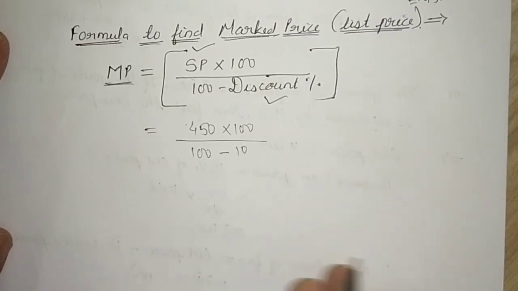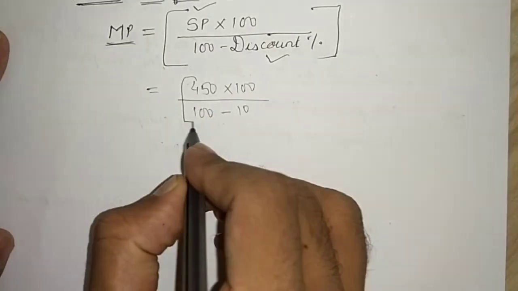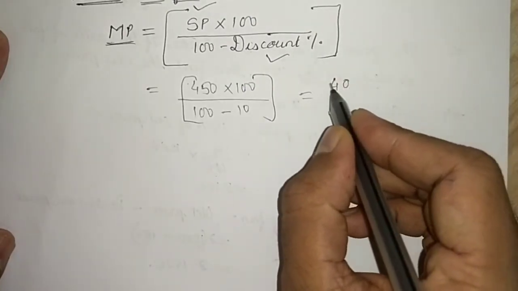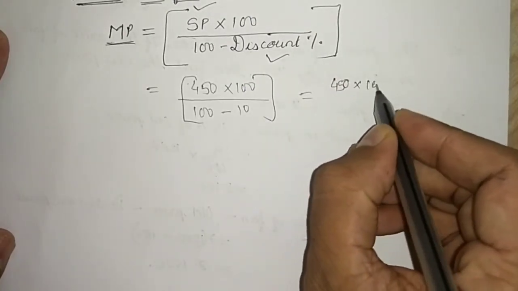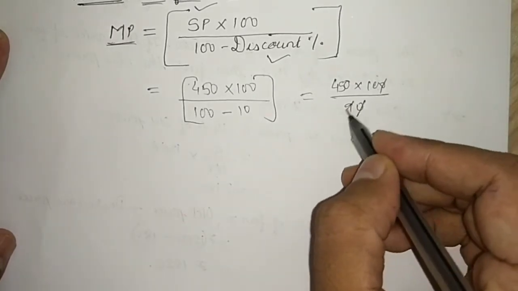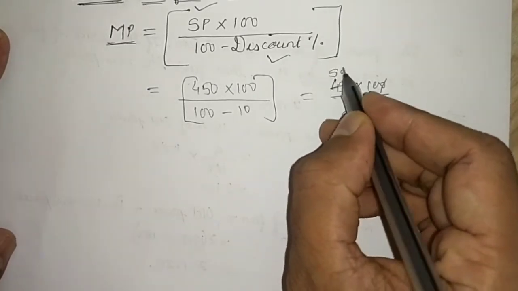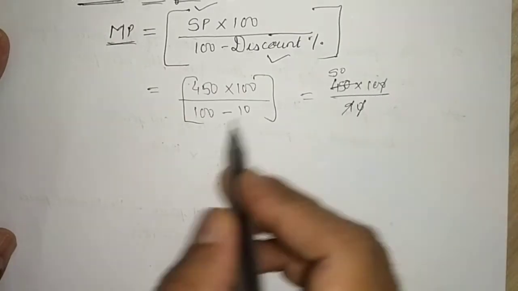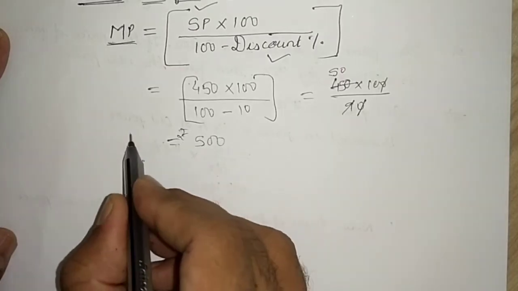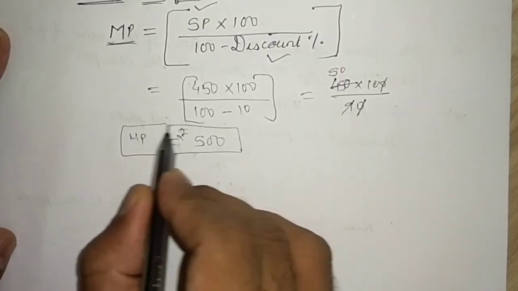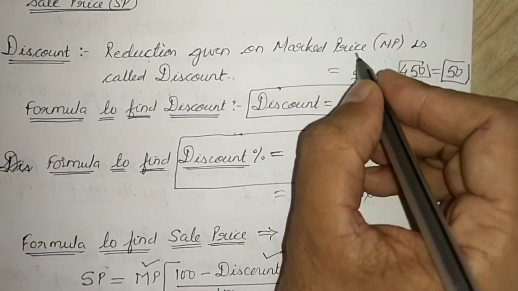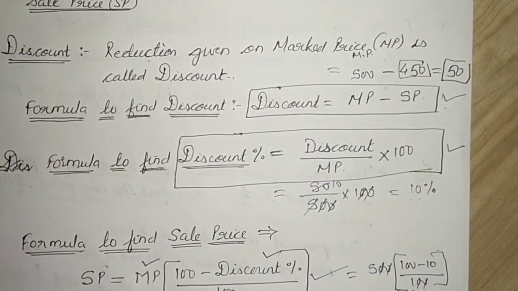So 450 into 100 divided by 90. The 0 will cancel out. 9 1s are 9, 9 5s are 45, that is 50, and 50 into 10 will give me 500. So this is our marked price. The example I have taken also had a marked price of 500.